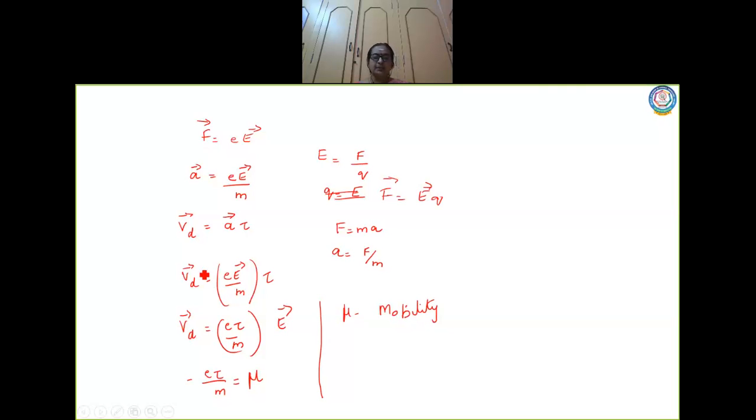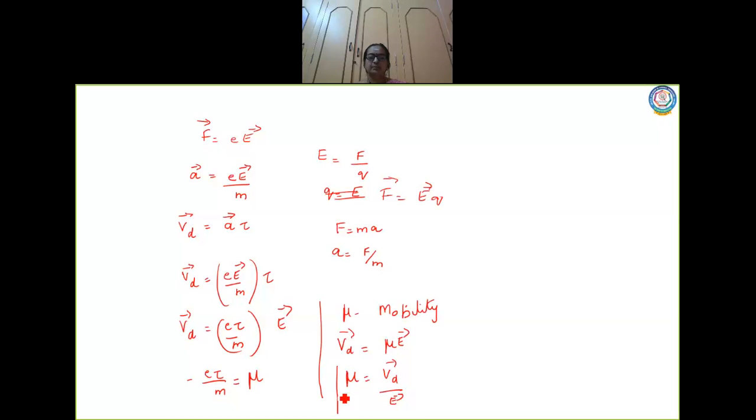So what is mobility? I will write the formula for mobility now. Here Vd is equal to mu times E vector, since I have substituted E tau by m as mu in this equation. I can also write the formula for mobility as mu is equal to Vd by E vector.